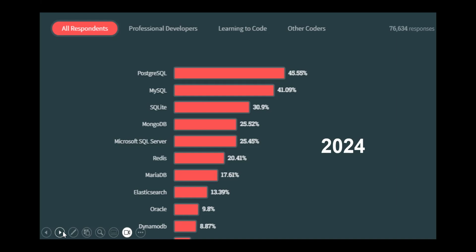MySQL is next. Then we see SQLite, MongoDB, Microsoft SQL Server, and so on and so forth. Microsoft SQL Server, as you would have figured out, is the SQL version which Microsoft uses.